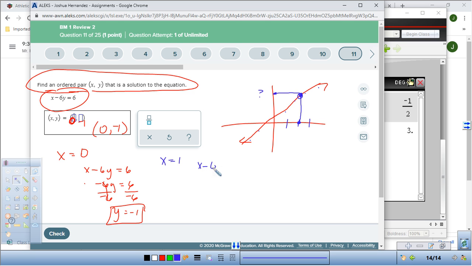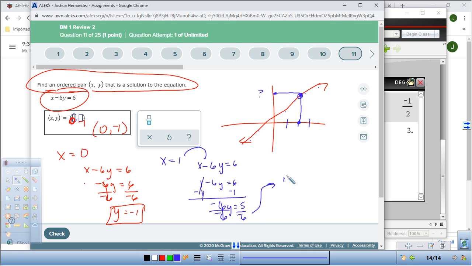So in this situation I have minus 6y is equal to 6, and I want to make x to be 1. 1 minus 6y is equal to 6. And this part right here, if you don't like it, then well, you just subtract. You have to get the y by itself. This cancels out here, negative 6y is equal to 5. Divide by negative 6, divide by negative 6. These cancel out.